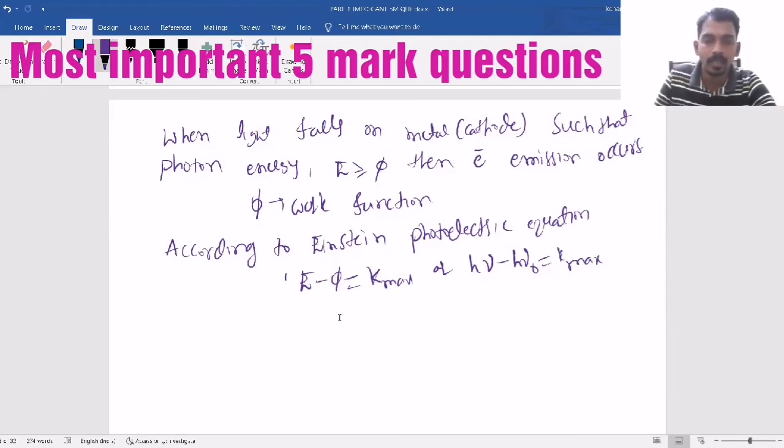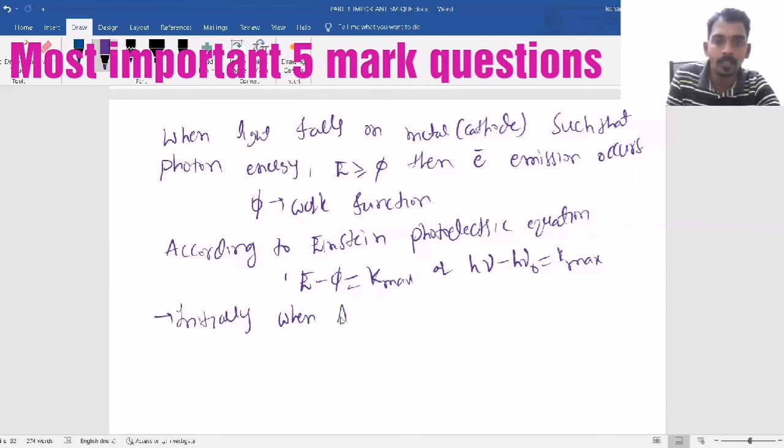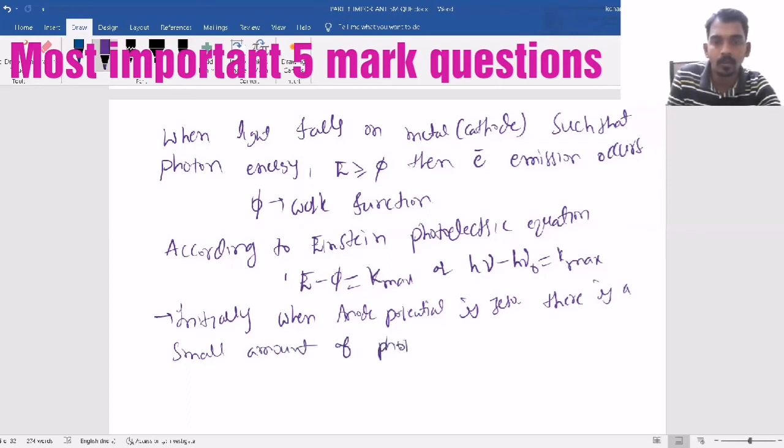Now here what they have done is, initially when the anode potential is zero, there is a small amount of photocurrent.